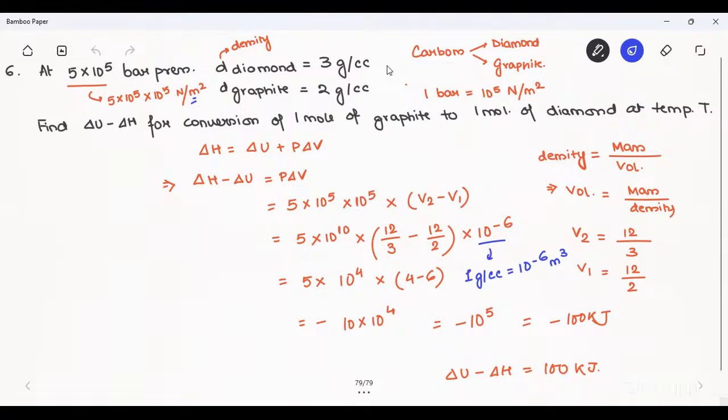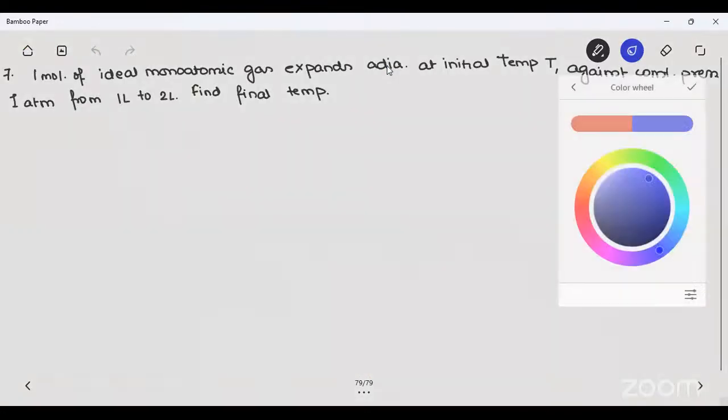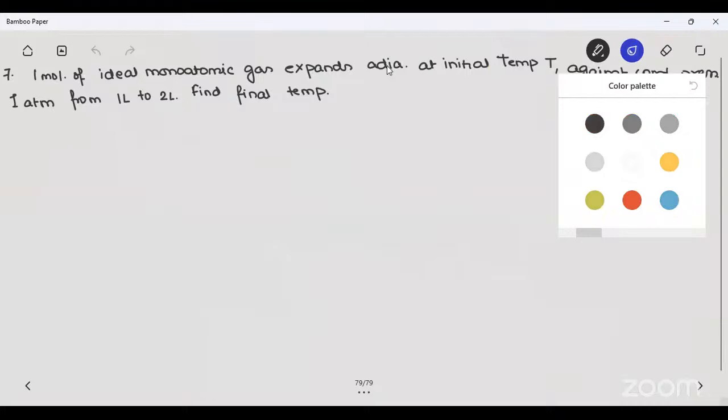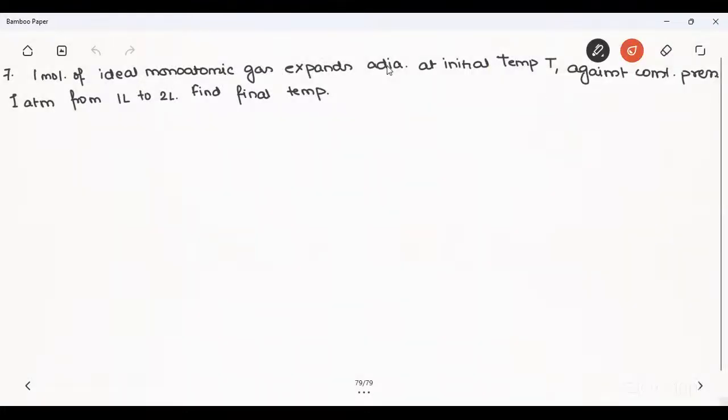Let's move to our final sum. This is the easy sum. 1 mole of an ideal monoatomic gas, first keyword, expands, second keyword, adiabatically, third keyword, initial temperature T, against constant pressure. What I told you constant pressure means?